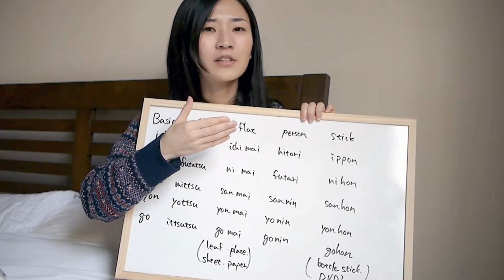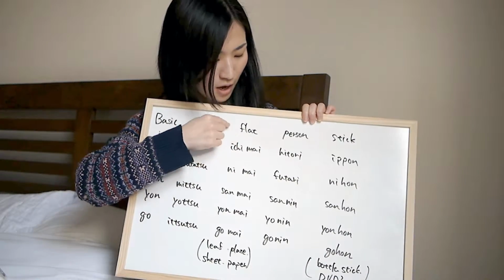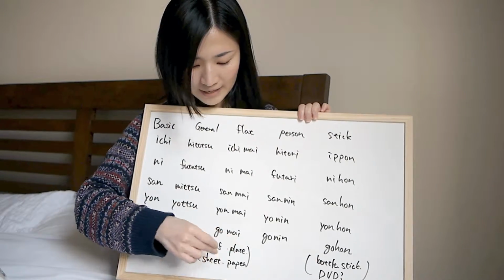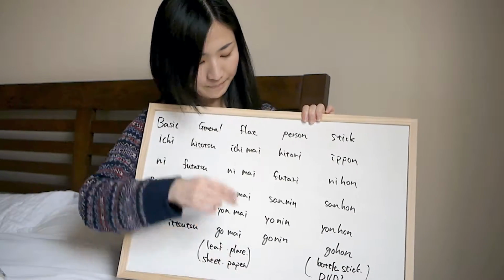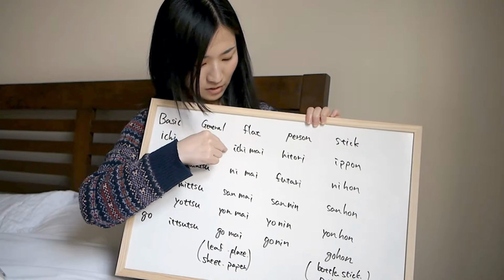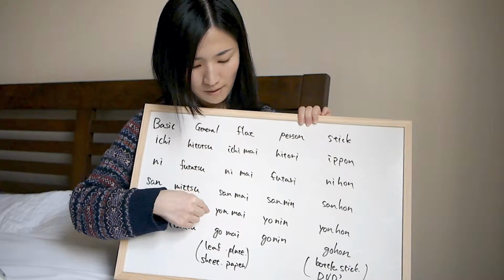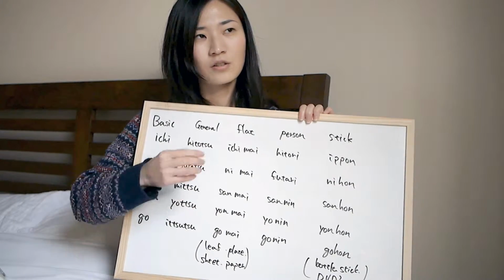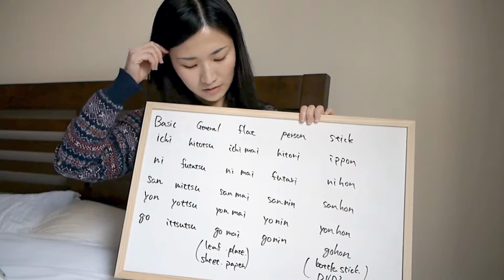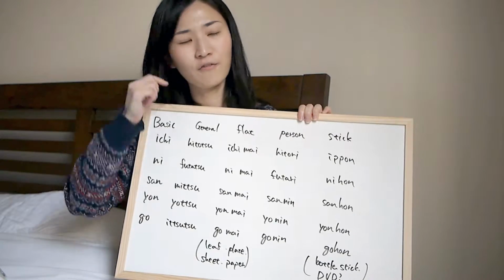So the next one is flat shape. It depends on the shape or category. So flat things like leaf, plate, sheet or paper would go with 1枚、2枚、3枚、4枚、5枚. Maybe I should introduce those 4 nouns.